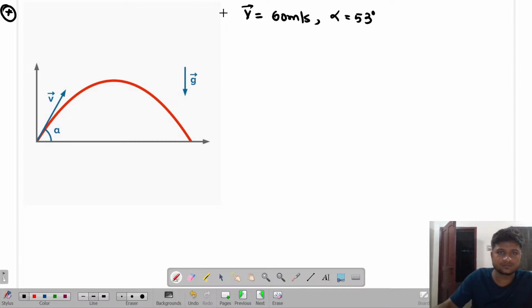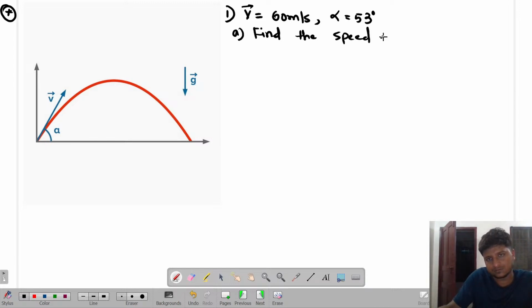Question is, first, find the speed of the particle when it is at maximum height.